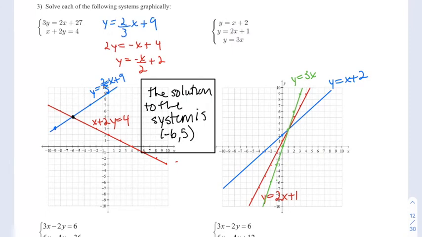I just wanted to go over labeling. We should really be labeling all these lines on the graph. And what happens when I have three linear equations in one system? Same deal.